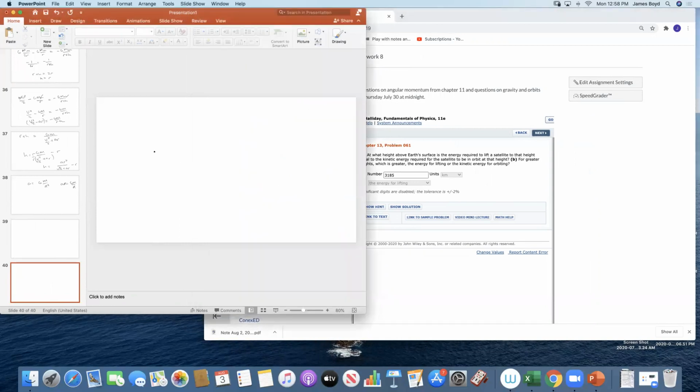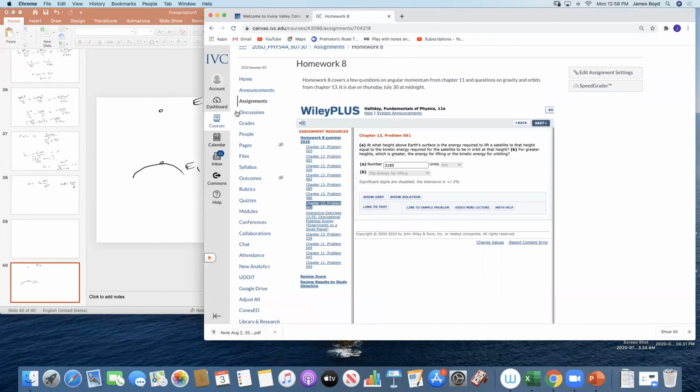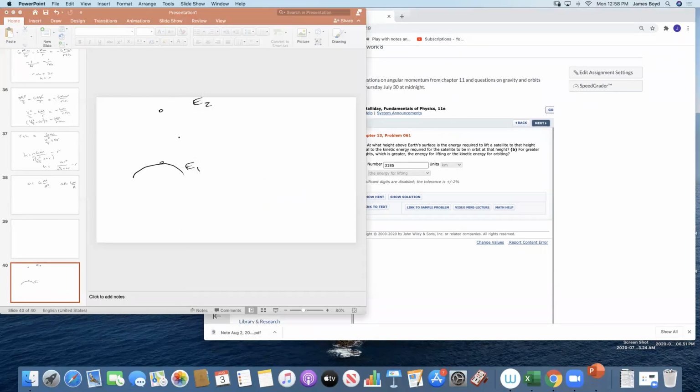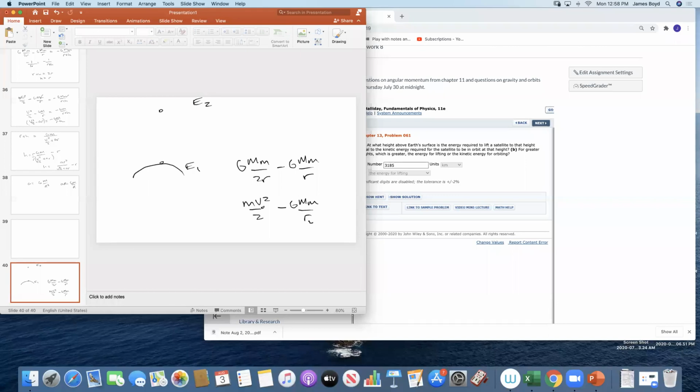They're not telling you this, but assume that you want to get it up to energy 2 from energy 1, and that it starts at 0 velocity at R. The energy here is GMm over 2R minus GMm over R, or mv initial squared over 2 minus GMm over R initial. If we take this to be 0, this is mv final squared over 2 minus GMm over R final.